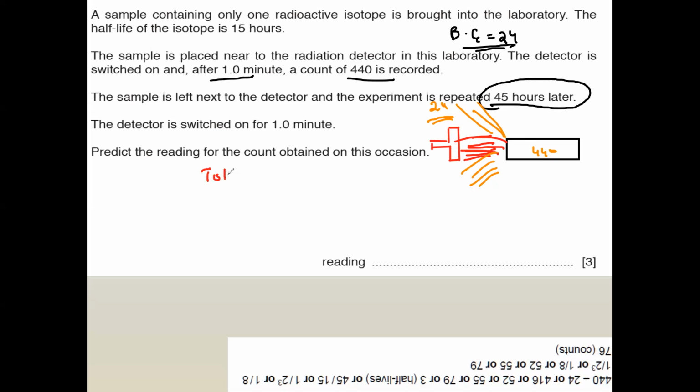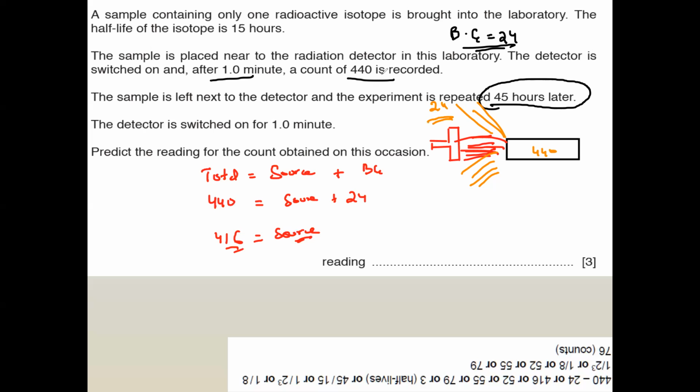The total reading is equal to the source reading plus the background. The total reading is 440, the source reading we don't know, and the background radiation is 24. So 24 moves to the other side: 440 minus 24 is 416. So the radiation from the source is 416.